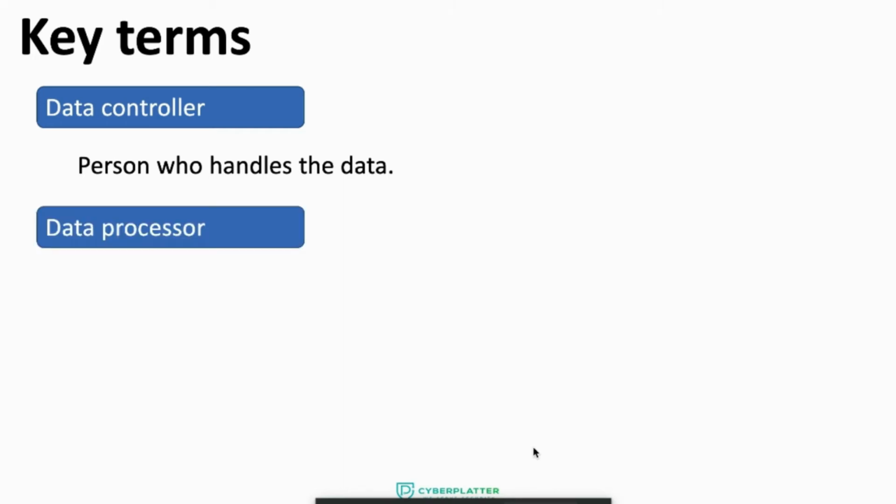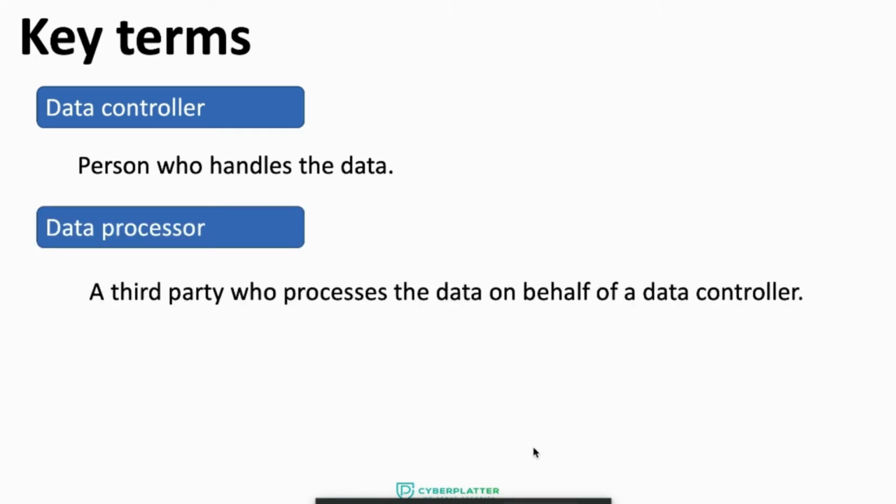Data controller. Data controller is the person who decides how the data can be processed. If you work for an organization and you decide how the data is processed in your organization, then the data controller could be you. Data processor. Data processor is any third-party entity who processes the data on behalf of the data controller.